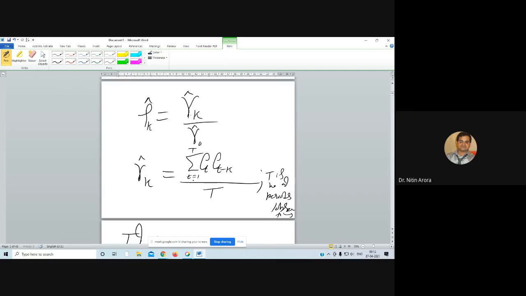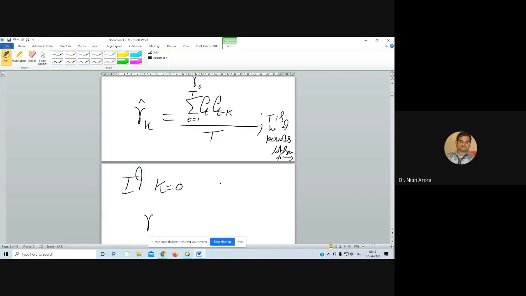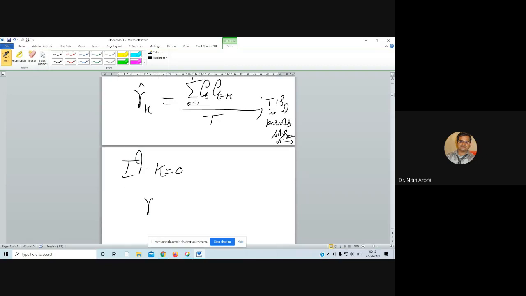Gamma k cap is summation t is equal to 1 to capital T et et minus k upon capital T, where T is the number of periods or observations. If k is equal to 0, then you can write gamma 0 cap is equal to summation t is equal to 1 to capital T et square, it will be et square upon T, right?